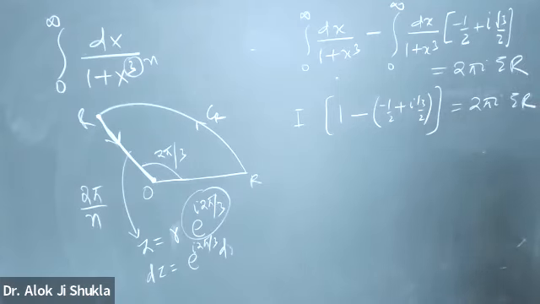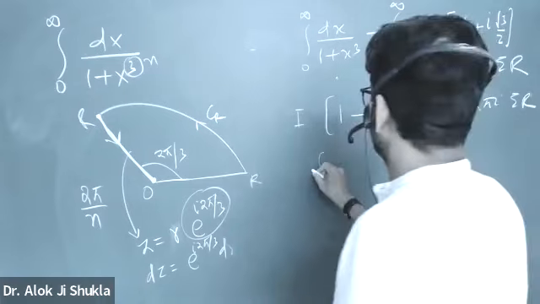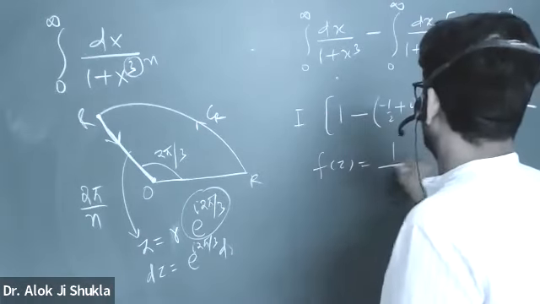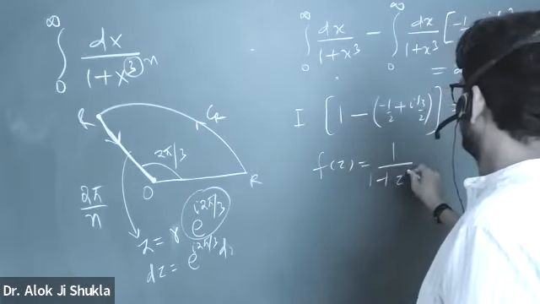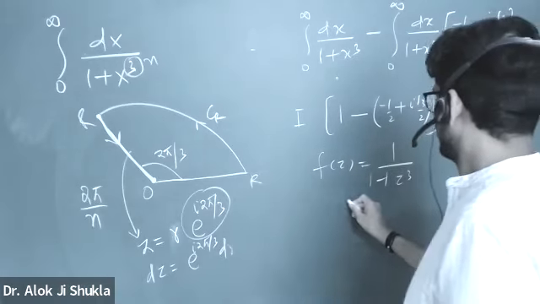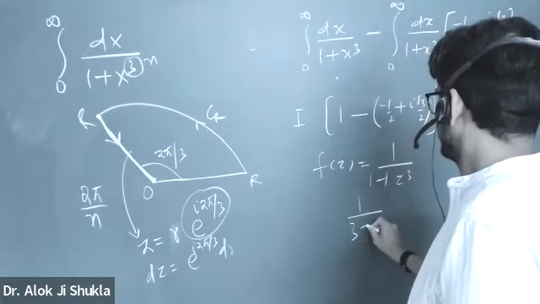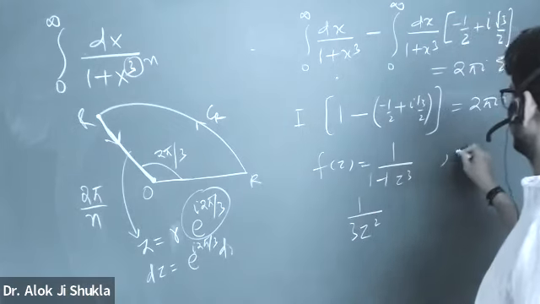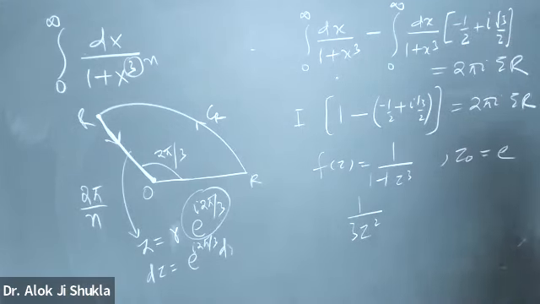And what is our f(z)? 1 upon 1 plus z cube. So the residue is 1 upon 3z square. What is z naught? e to the power i pi by 3.